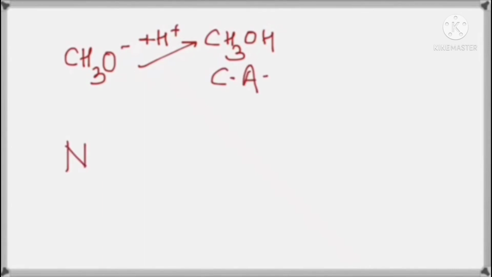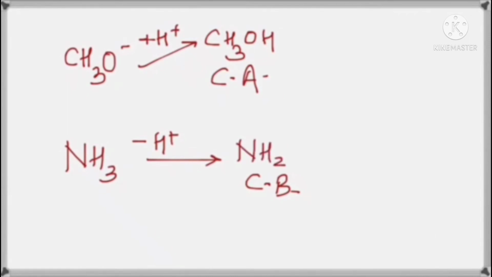Let's take NH3, and this time I want the conjugate base. So for conjugate base, you subtract an H plus and you will get NH2, and because an H plus went away, there will be a minus charge and you will get NH2 minus. So that's how you get conjugate acid and conjugate bases.